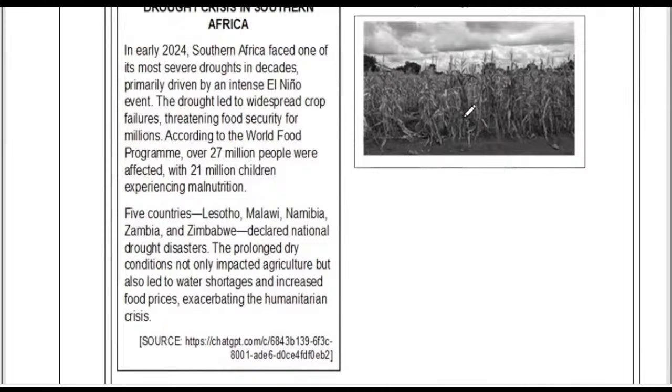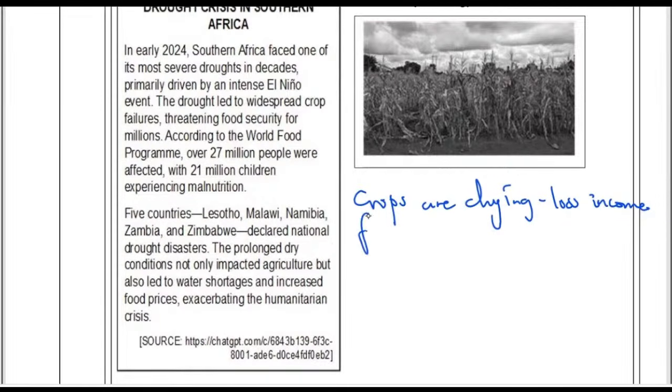These are maize crops, and you see the implication there. So we are saying our crops are dying. And what is the implication? It means loss of income for the farmer. The farmer is not going to have a good harvest, and ultimately they are going to be affected economically in terms of their level of income.